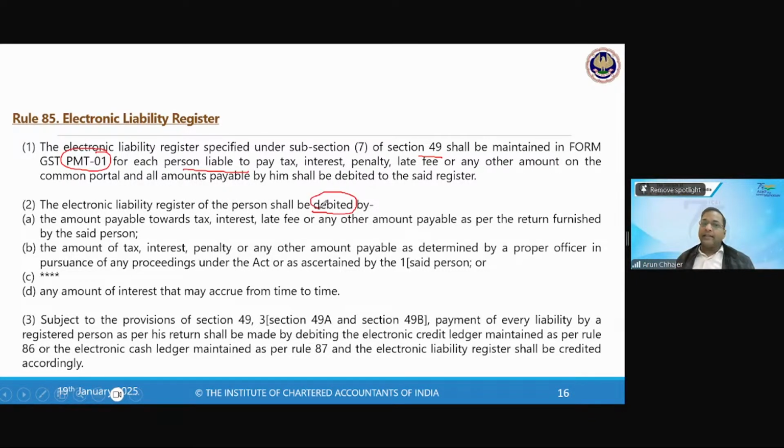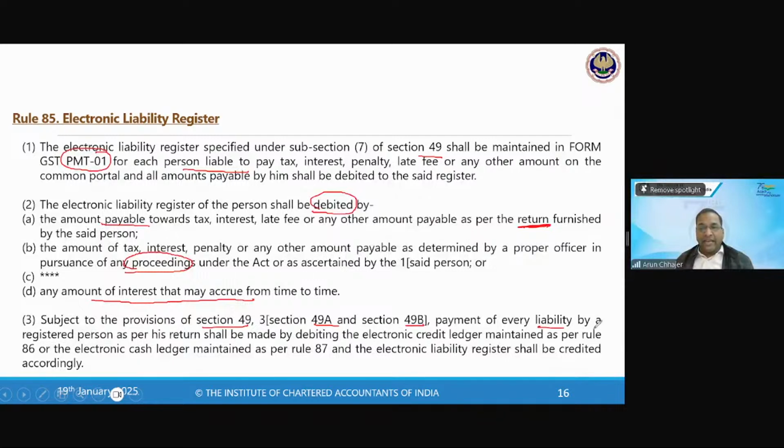The electronic liability register shall be debited with the amount payable toward the tax, interest, penalty, others as per the returns, and second, the amount of the tax, interest, penalty as determined by the proper officer in pursuance of any proceeding, or any amount of the interest that may accrue from time to time, subject to the provision of section 49, 49A and 49B.